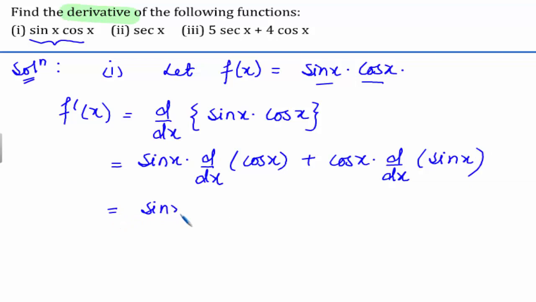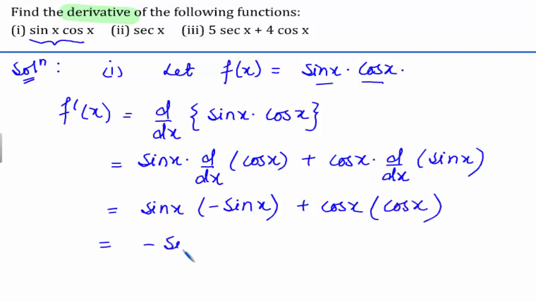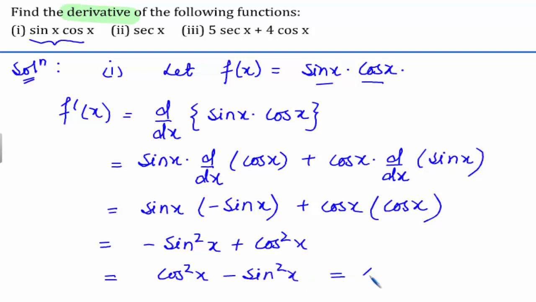Therefore, we have minus sin square x plus cos square x, which is equal to, in other words, cos square x minus sin square x, and this is nothing but cos 2x. Therefore, the derivative of sin x into cos x with respect to x is given by cos 2x.